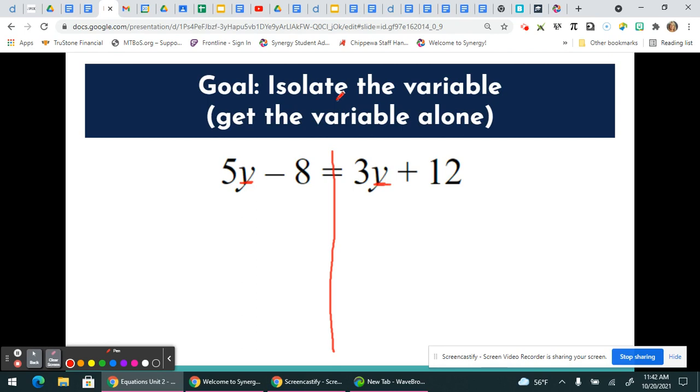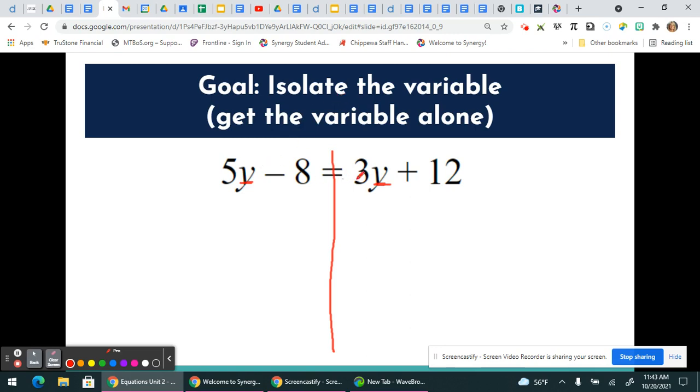We want to get the y's together. So we're going to eliminate the variable, making it cancel out, whichever one is smaller. We pick on the smaller one to try to avoid some negative signs. If we eliminate the smaller variable, then we're not going to have to worry about negatives.